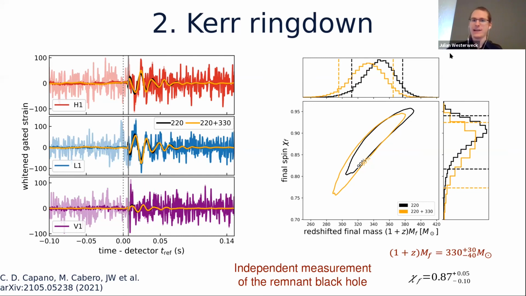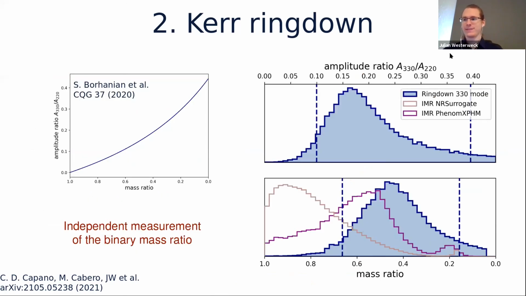And another such independent measurement that you can do is on the mass ratio of the components in the binary black hole. And you can do this by using the amplitude ratio of the individual modes. On the left, you can see a fit to numerical relativity simulations, which gives a prediction of the amplitude ratio between the two modes for different mass ratios, in this case for a quasi-circular and aligned spin binary.